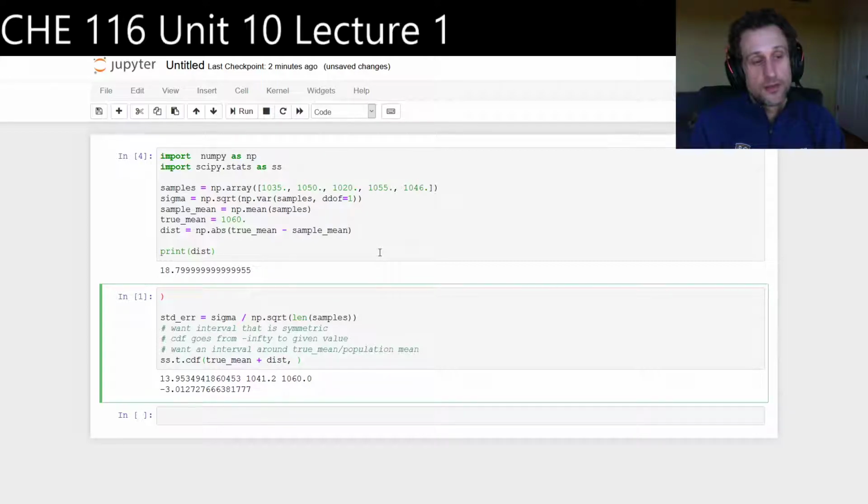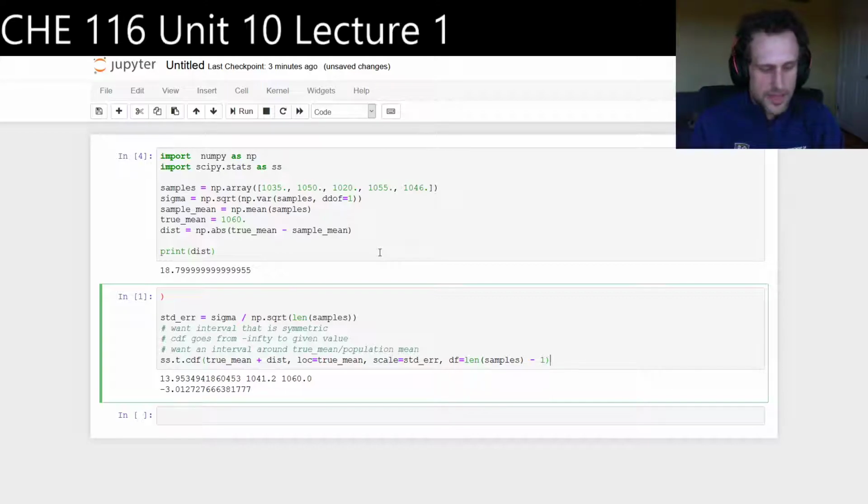And what are the distribution parameters? Well, it's a t-distribution, and we know that the t-distribution is going to be centered at the population mean, the true mean. It's going to have a standard deviation, which is called scale, of the standard error. Then we have the degrees of freedom, which is the number of samples minus 1.